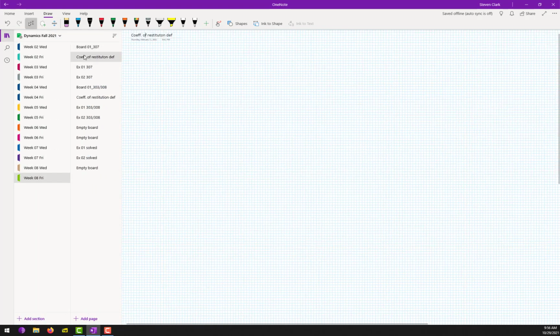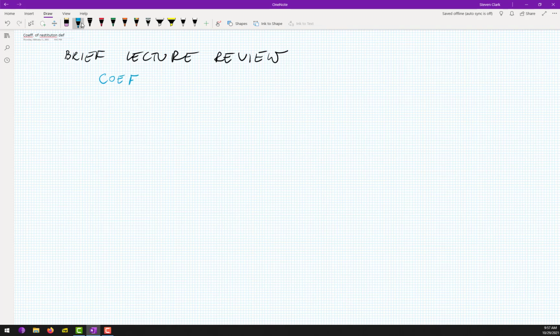So I just want to do a brief lecture review, and I just want to focus on the coefficient of restitution. Please imagine a situation with two particles, pre-impact and, of course, post-impact.